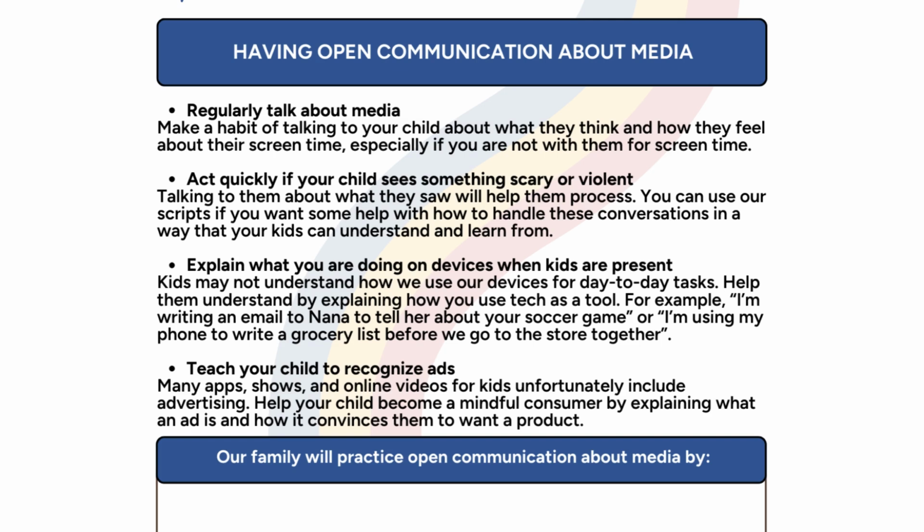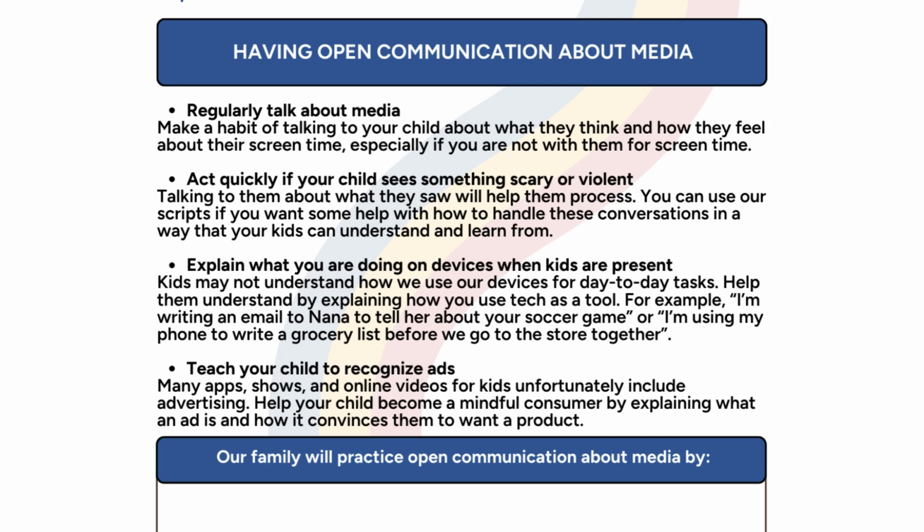And when you're using screens and your child is present, try to explain to them what you're doing, because kids often don't understand what we're doing on our devices for day-to-day tasks. It can be something as simple as, "Hey, I'm writing an email to Nana to let her know you won your soccer game." Little explanations like that go a long way in helping kids understand healthy tech boundaries.